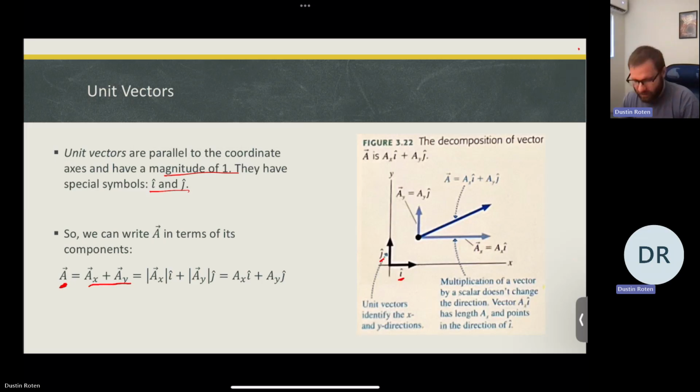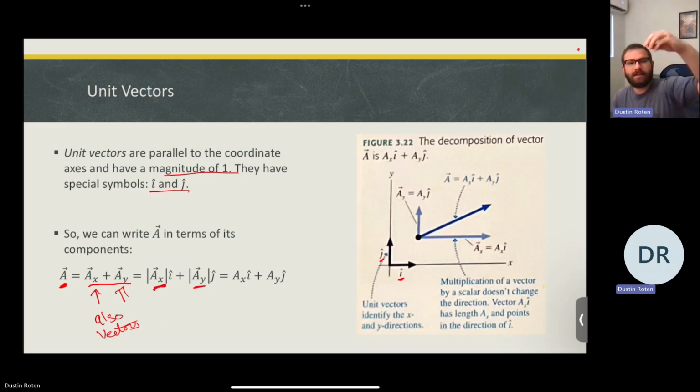Well, AX here and AY are also vectors. So they have a magnitude and a direction. So the idea is if we just take their lengths, okay, so we're going to use absolute values. Okay, we're going to take their lengths.